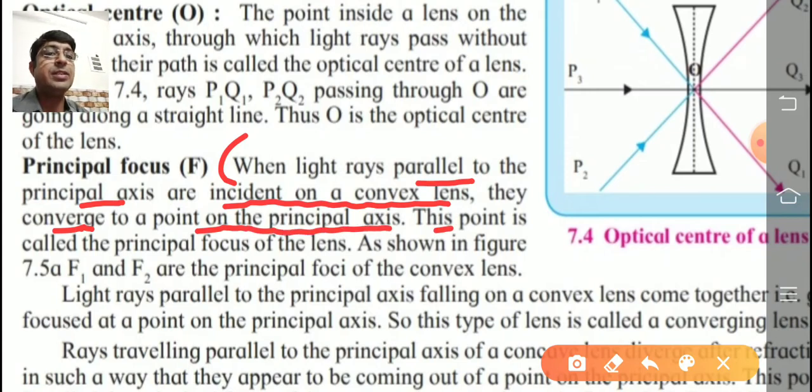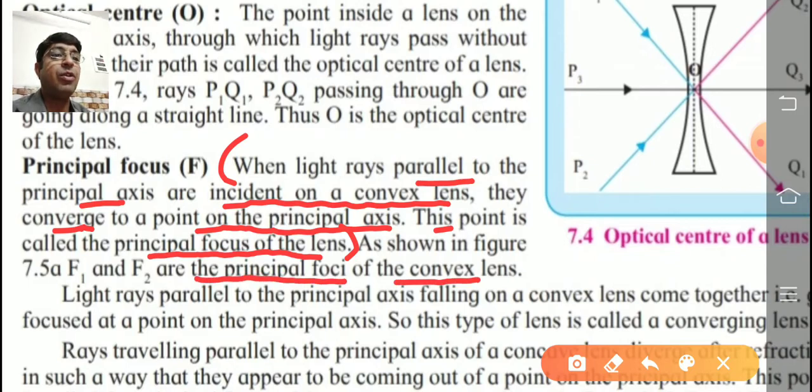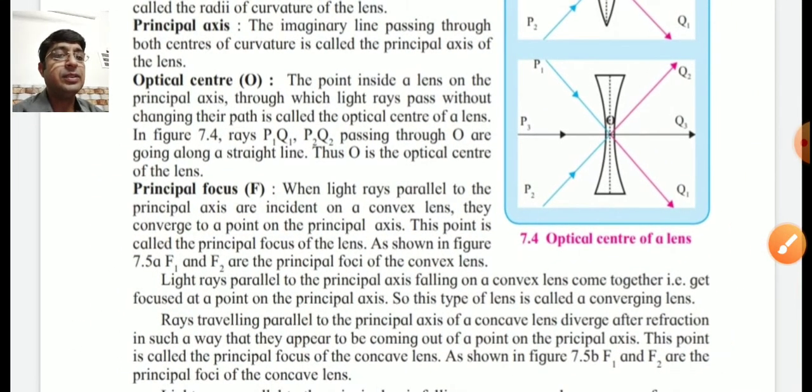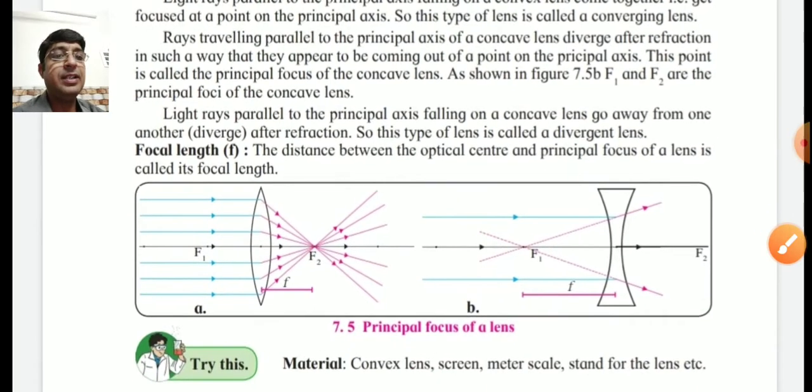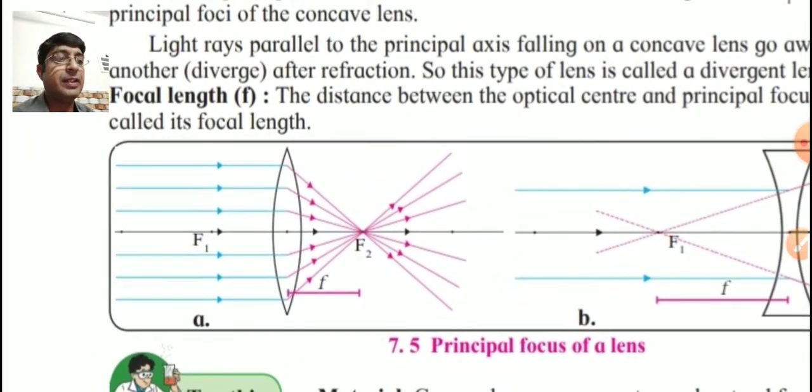This point is called the principal focus of a convex lens. That is shown in figure 7.5a. F1 and F2 are the two principal foci of a convex lens. Check this figure 7.5a. Where is 7.5a? Here. This one.